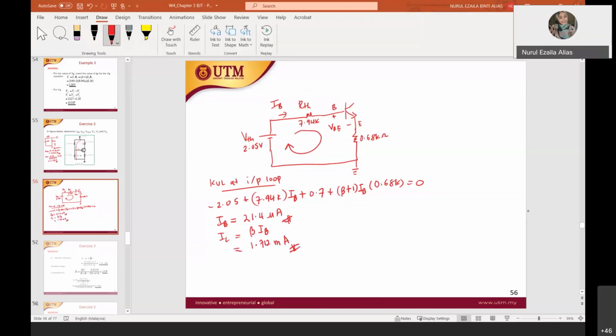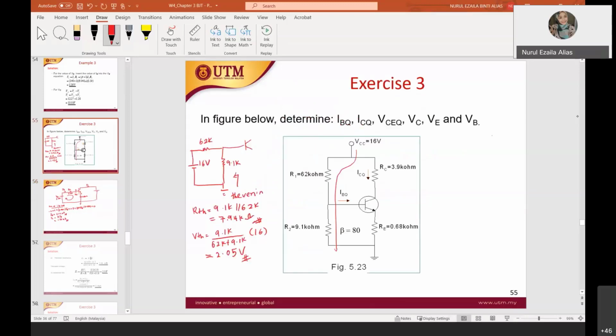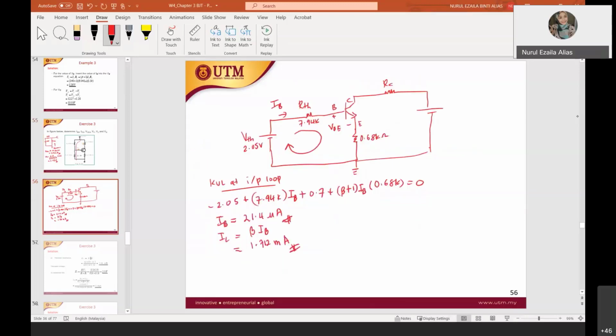Okay, so let's solve for the output loop. You have the collector here, and then your resistor RC. At RC you have VCC to the ground. Your VCC just now is 16 volt, RC 3.9K. You have IC here, and this is IE.